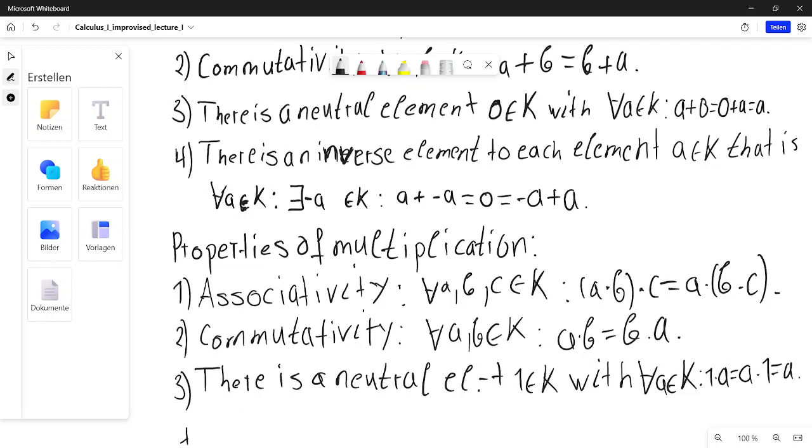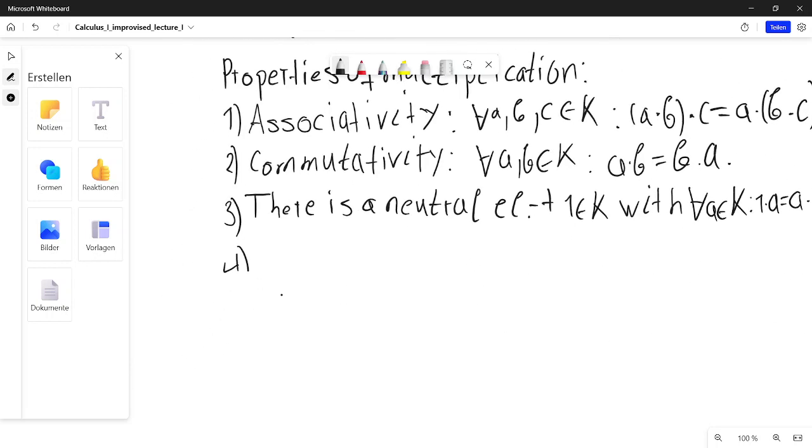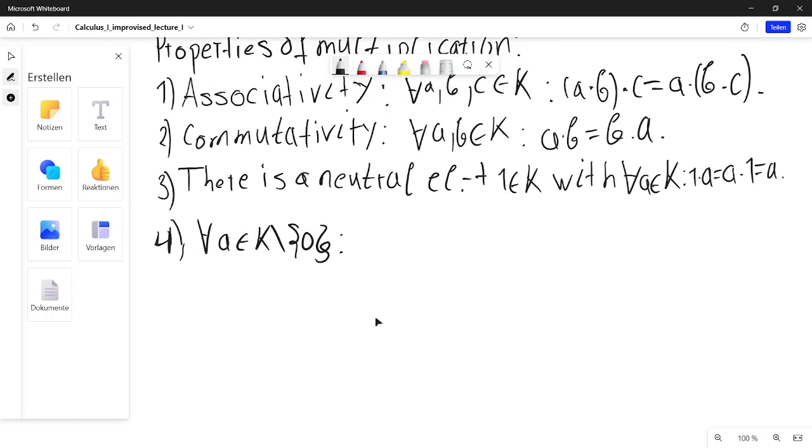And finally, there is an inverse element. There is an inverse element with respect to multiplication, or rather I should say, for all a in K without 0. And that is important. We cannot invert 0.